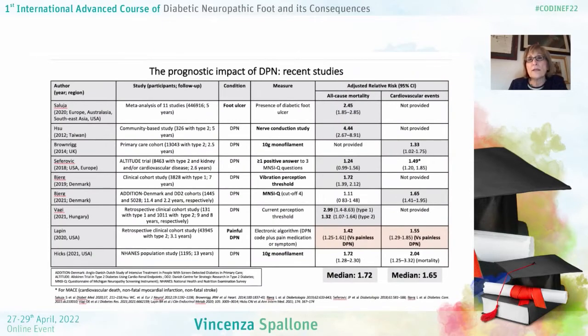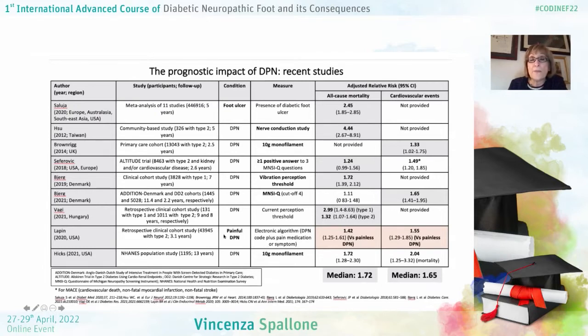And of course, the presence of foot ulcer is a cause of increased mortality, but also even the presence of abnormalities in nerve conduction, monofilament, or in MNSI questionnaire, or in vibration perception threshold, is able to increase the risk of mortality by 72%, and also the risk of cardiovascular events by 65%.